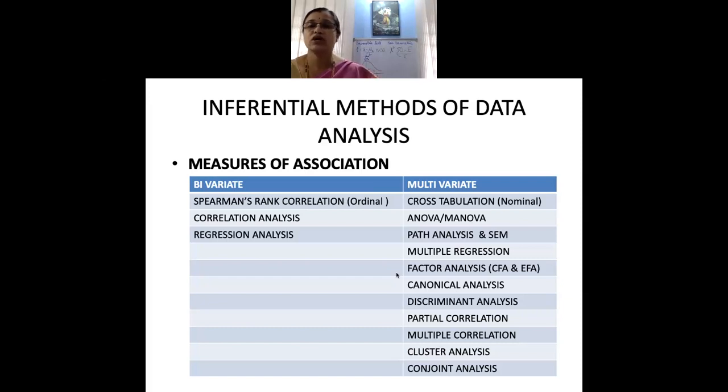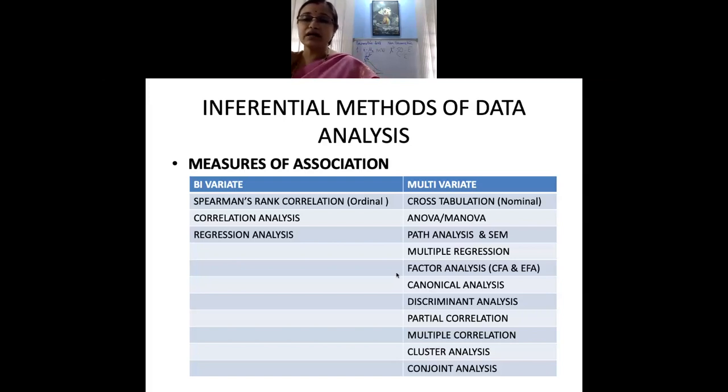Okay. Now, next, let us come to multivariate analysis. When it comes to multivariate analysis, remember, especially when you're using mediators and moderators, multivariate analysis is definitely useful.